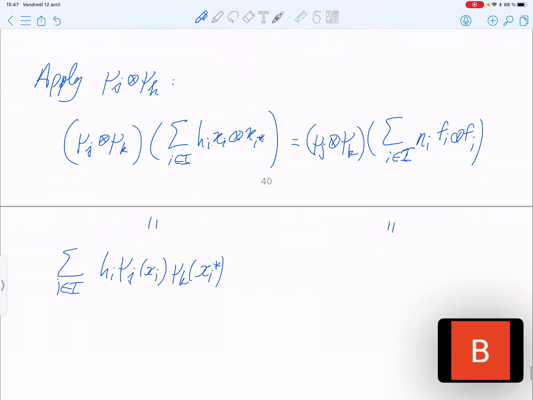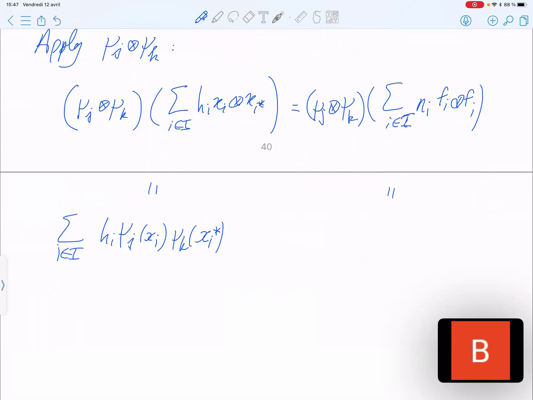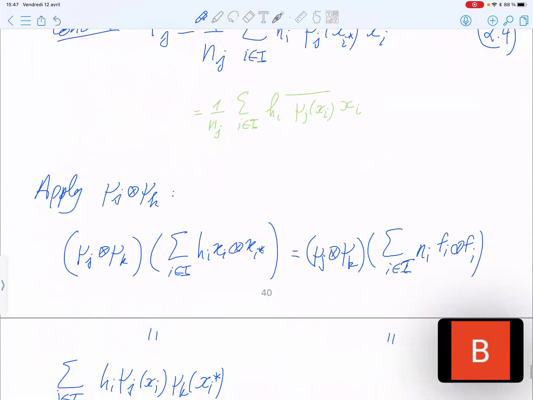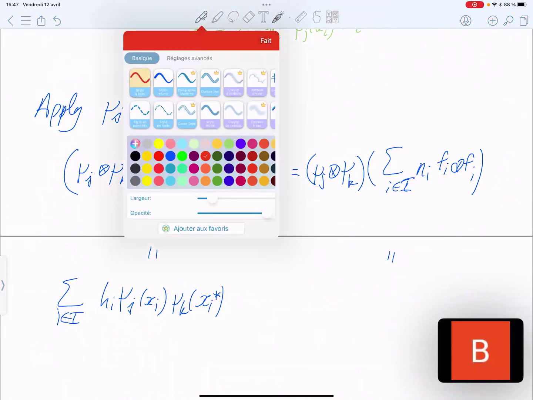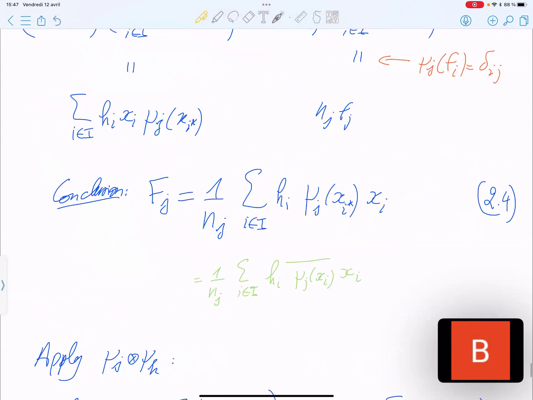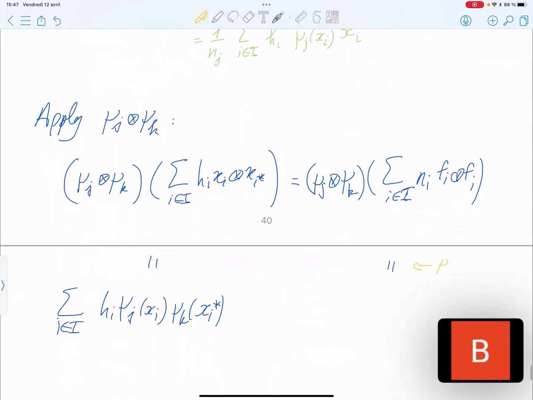And again we use the same thing as before: mu_j delta_i equals delta_ij.